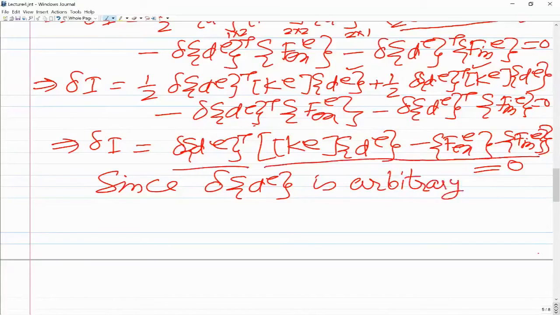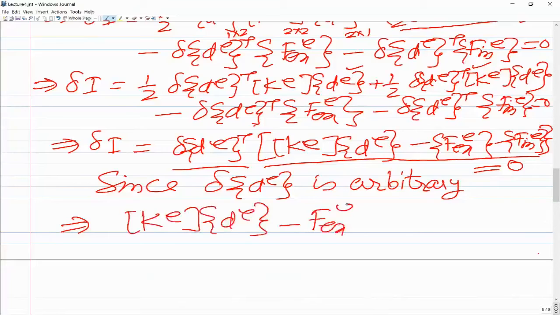Since delta D is arbitrary, for any arbitrary values of delta D this product should be equal to 0. That will be possible only if the second term is equal to a null vector. So since delta D is arbitrary, we need to have KE into DE minus F external for the element minus F internal for the element equal to a null vector.